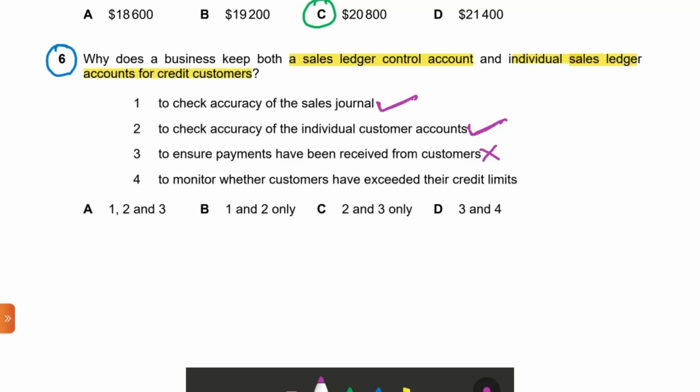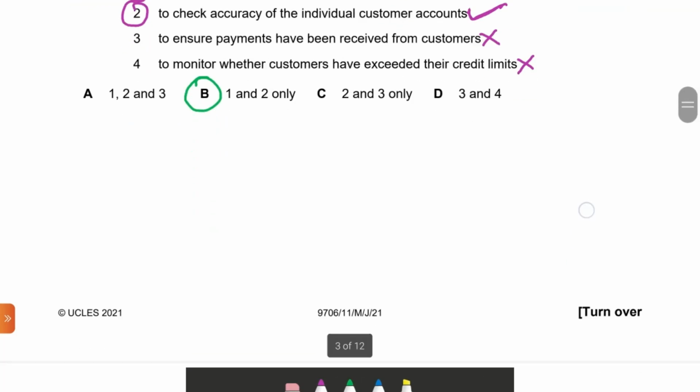Next, to monitor whether customers have exceeded their credit limit. The purposes of the individual sales ledger account and control account are mostly the first two, 1 and 2. So option B, 1 and 2, is the correct answer.